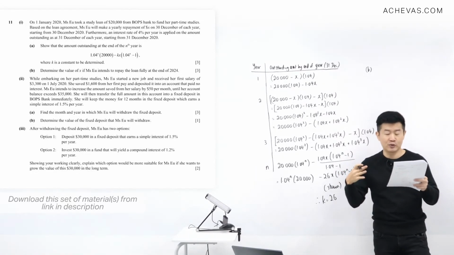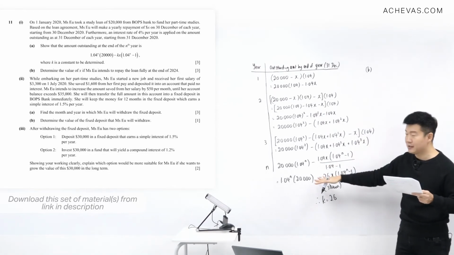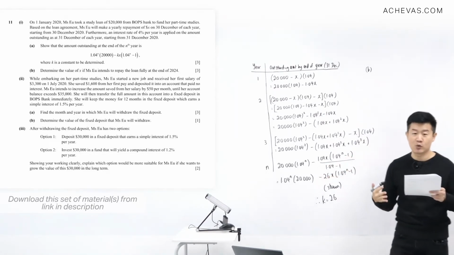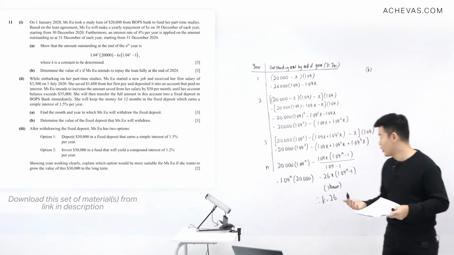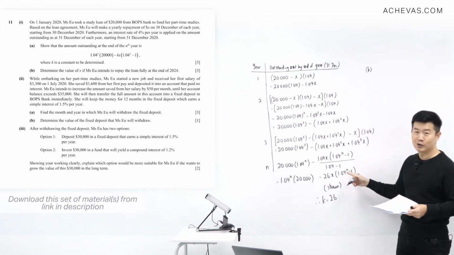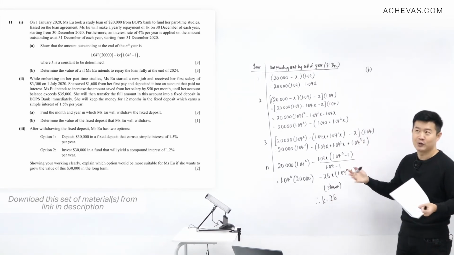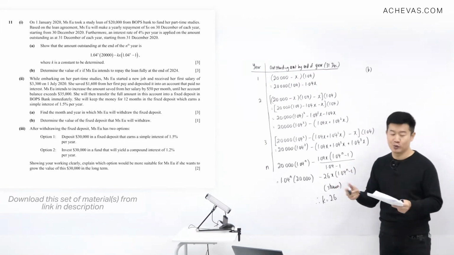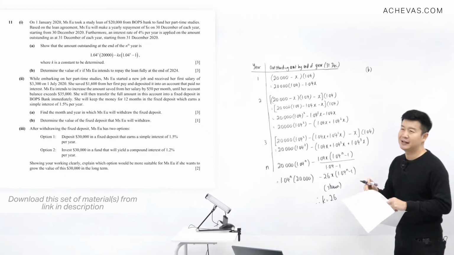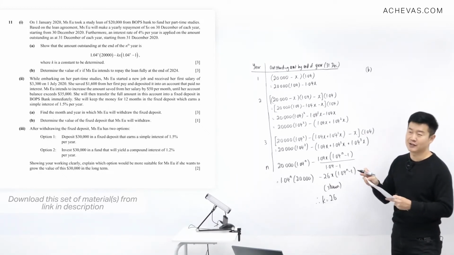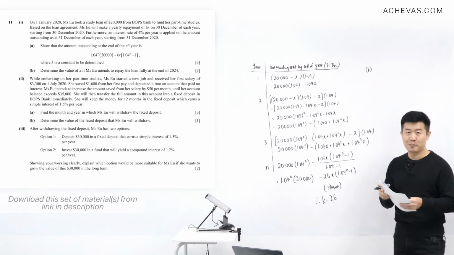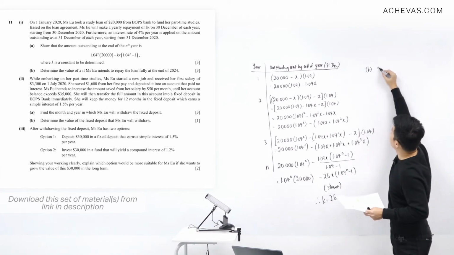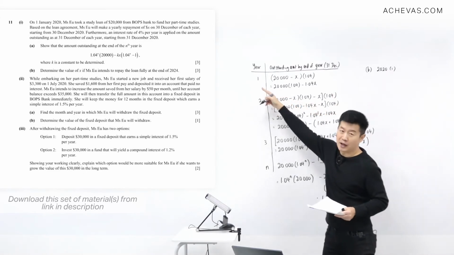So by the end of 2024, we will be expecting that the amount that is outstanding to be equal to 0. But first, we got to find out what is n. 2024 represents n. Okay, what is the n that is going to be representing 2024? So something that I like to do is, since it's not that far away, I like to manually count. So, for example, 2020 is year number 1.